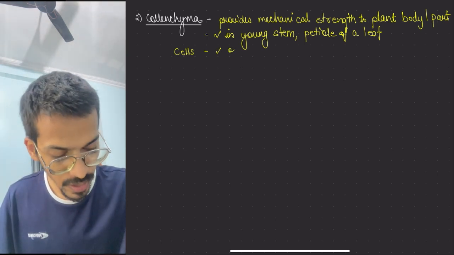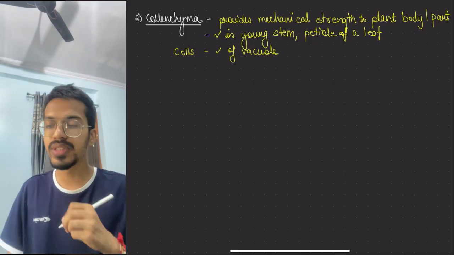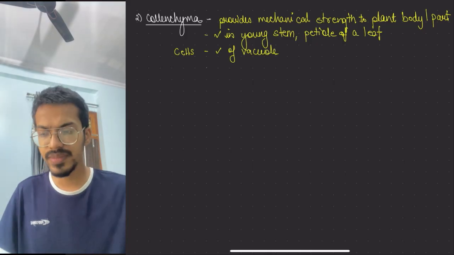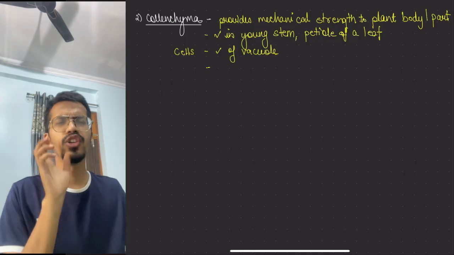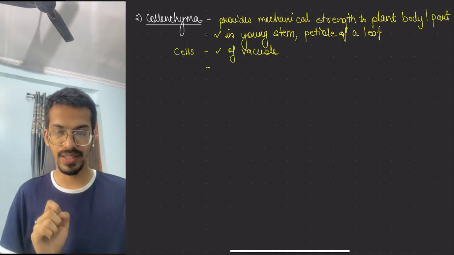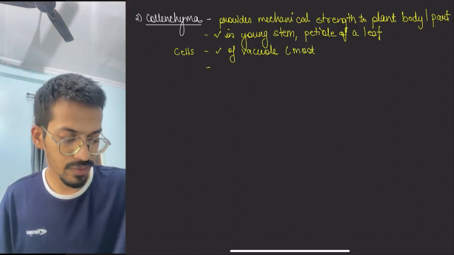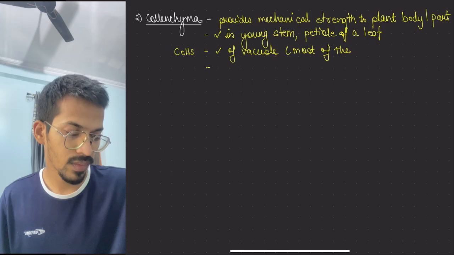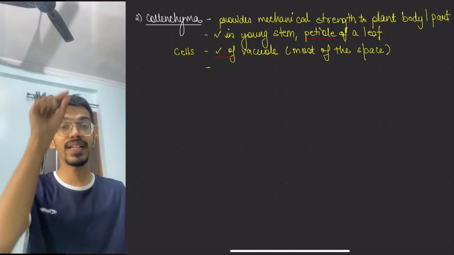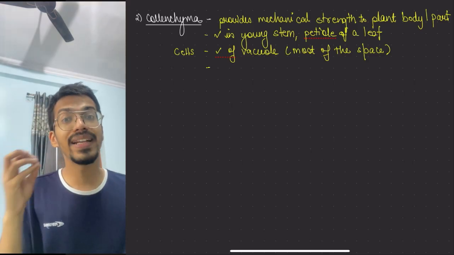Next, their protoplasm is comparatively lower, because the vacuole has taken most of the space. Moving on to the next, their corners will be highly thickened.